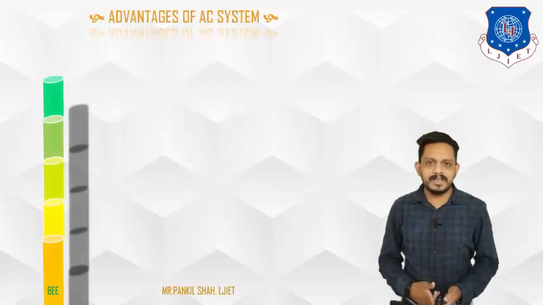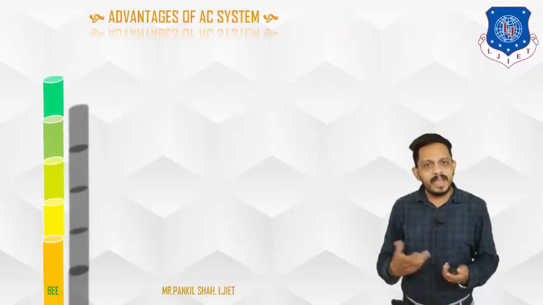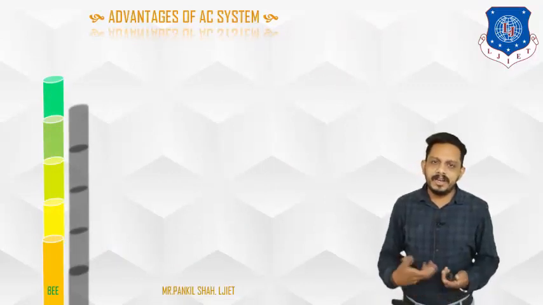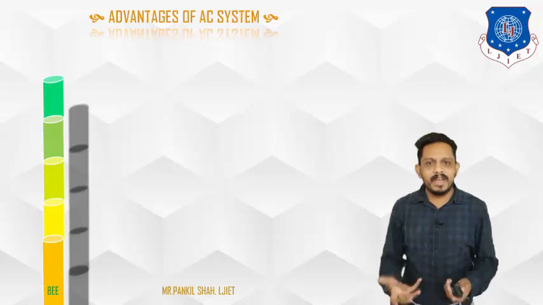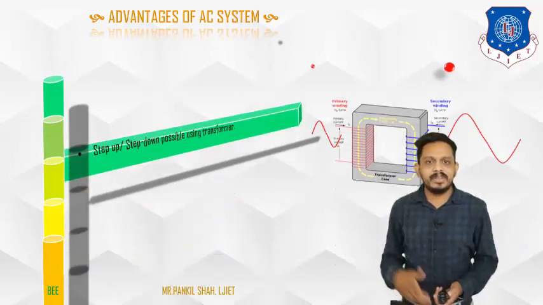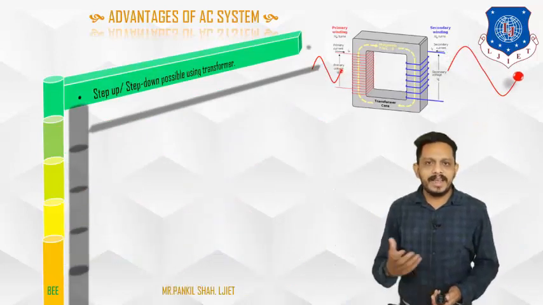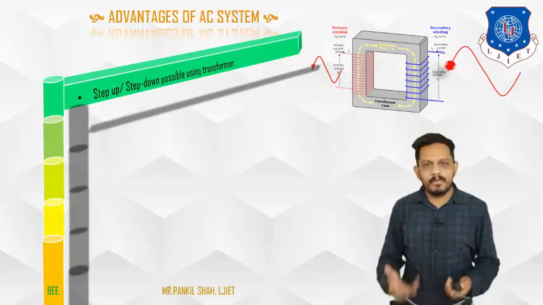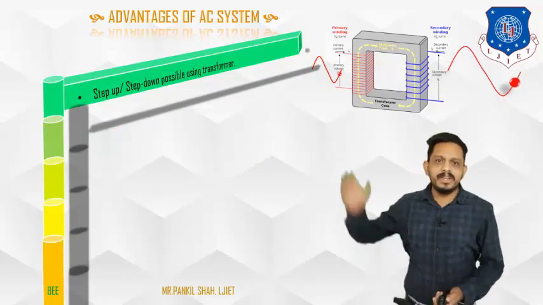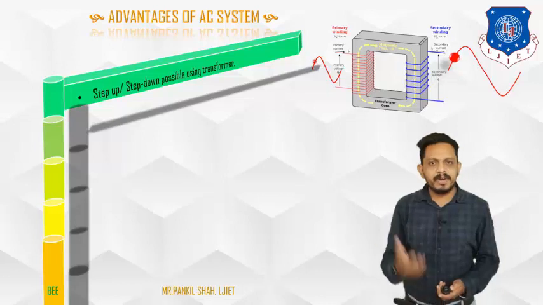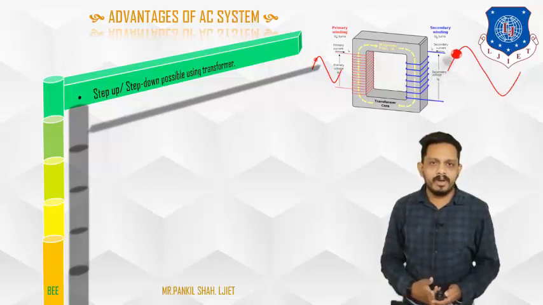Now let's discuss some advantages of the AC system. Why are we generating our electricity in alternating form and why are we using AC? There are some advantages. Step up and step down of voltage is possible using a transformer. A transformer is a static device which can transform a voltage to different voltage levels.